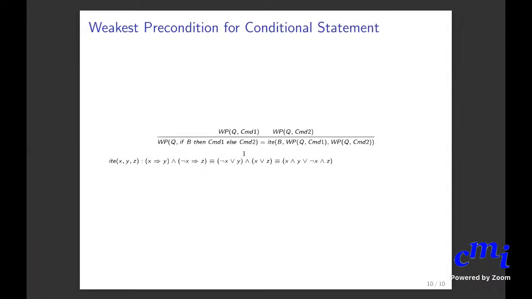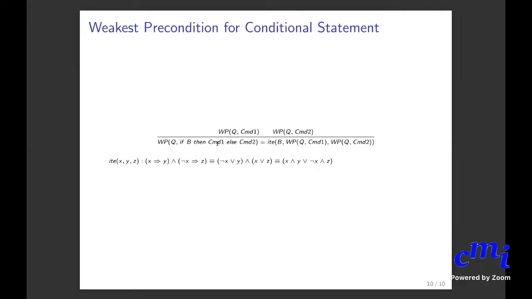So for a conditional statement, you can combine this. By decomposing, you first compute the weakest precondition for the two arms of your if then else statement, WP of command 1 and WP of command 2.